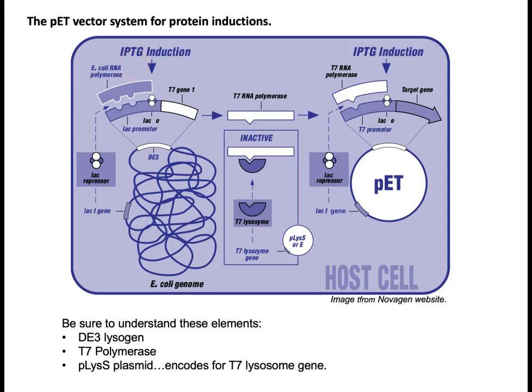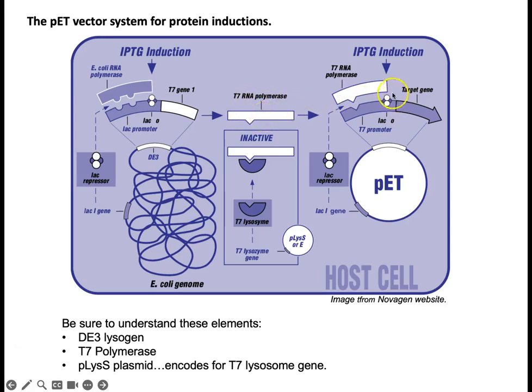So two things occur when we add IPTG. First, over here on the DE3 lysogen, IPTG will bind to this LAC repressor and cause it to fall off. The E. coli RNA polymerase is able to bind to the promoter sequence upstream of the T7 gene, and it is going to transcribe the T7 RNA polymerase gene, which will then make the active T7 RNA polymerase protein.